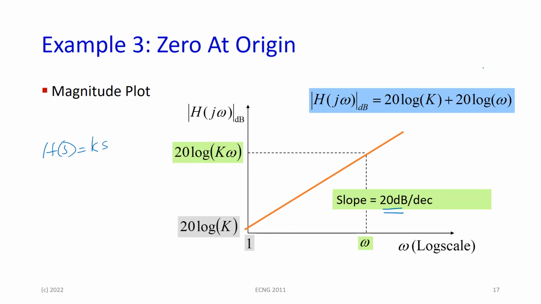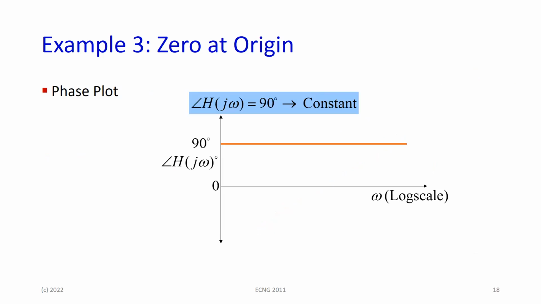When omega is 0, the magnitude is 20 log K. When omega is 10, the magnitude would be 20 log K plus 20. So you could derive this, the same slope but a positive slope. So the zeros increase at 20 dB per decade. A single pole or a single zero changes at 20 dB per decade; the pole decreases. Yeah?